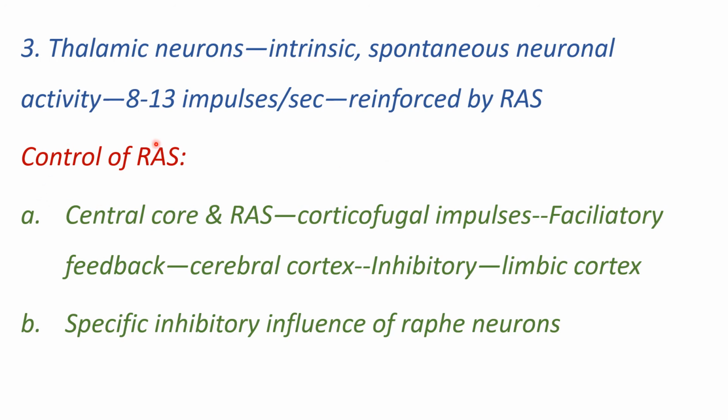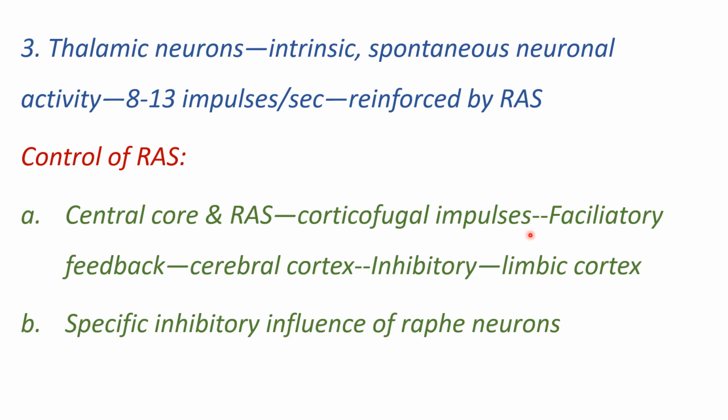So this is also one of the functions of the reticular activating system. And how is the reticular activating system being controlled? We already discussed the impulses coming to the reticular activating system from the ascending tracts. So the central core, that is the reticular formation and the reticular activating system, is being affected by the corticofugal impulses.